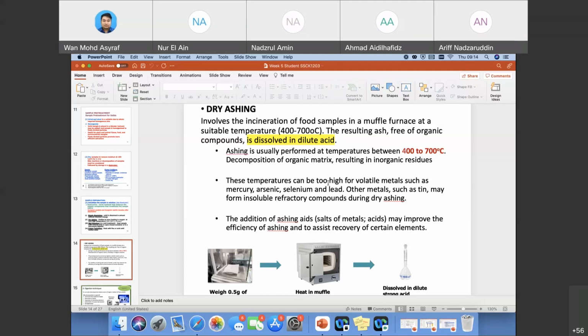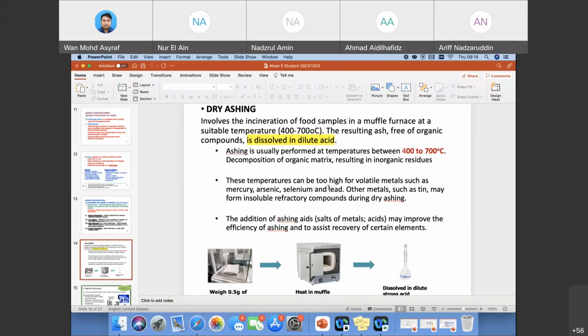For example, if someone comes to you and says they suspect there is mercury or arsenic in the sample, then you cannot use dry ashing, because it makes your analyte volatile. It will evaporate, which means your analyte will disappear. So you need to think about another type of sample preparation.